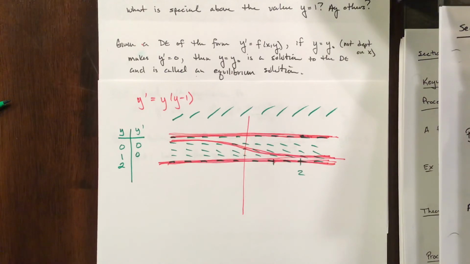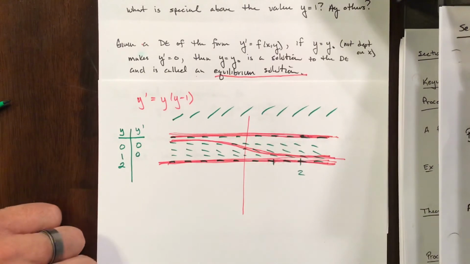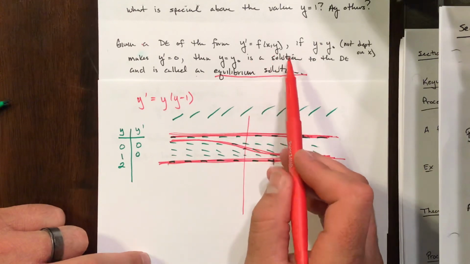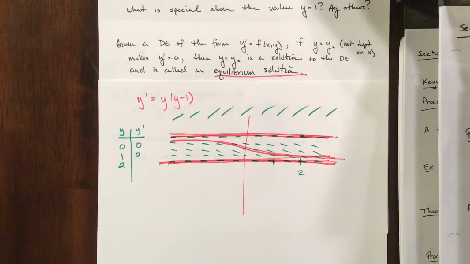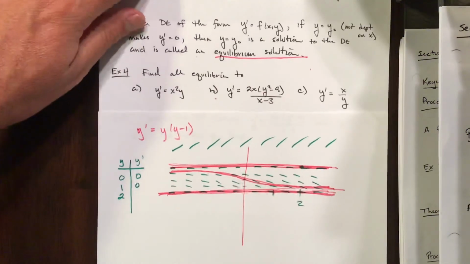Okay, so this is a definition that's relevant to us. An equilibrium solution. So if there's a particular value of y that makes the differential equation equal to 0 always, then that y value is the equilibrium solution.